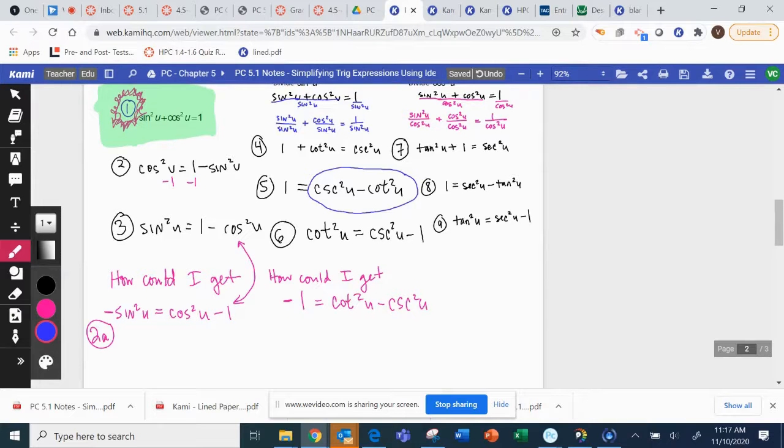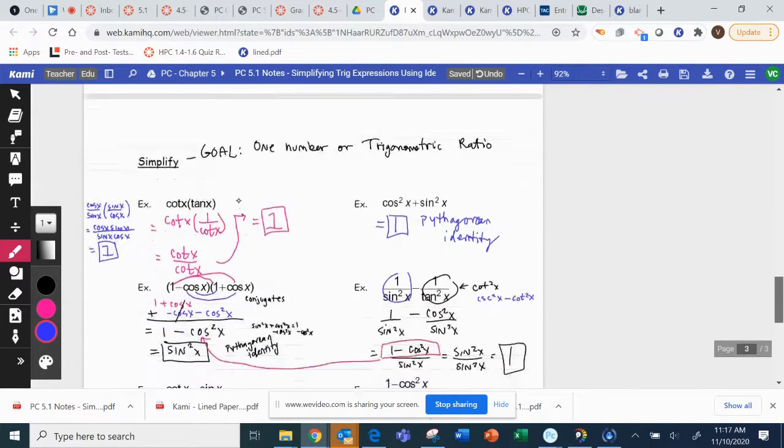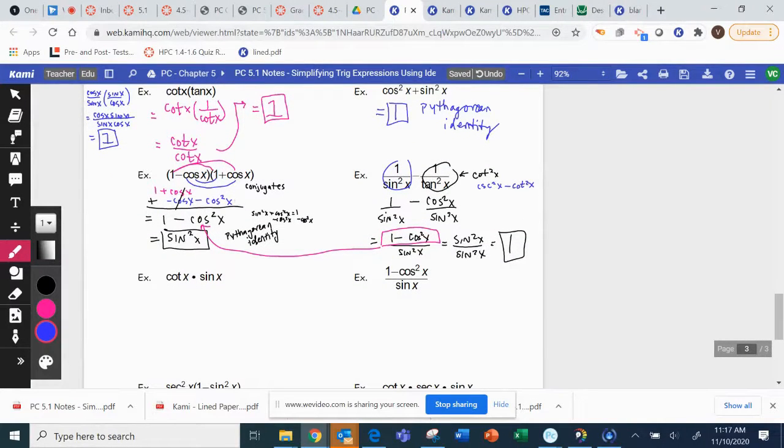So that probably would have been a faster way of doing it, but it doesn't really matter the method you use. What matters is that you are not breaking any math rules and you're getting to your answer.